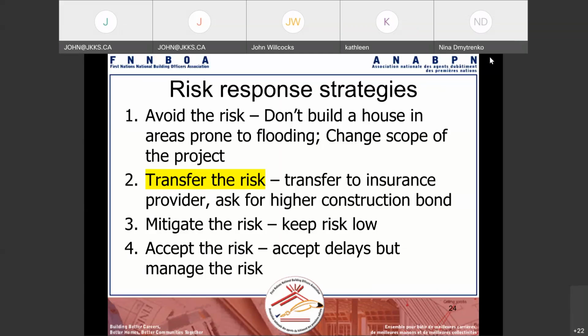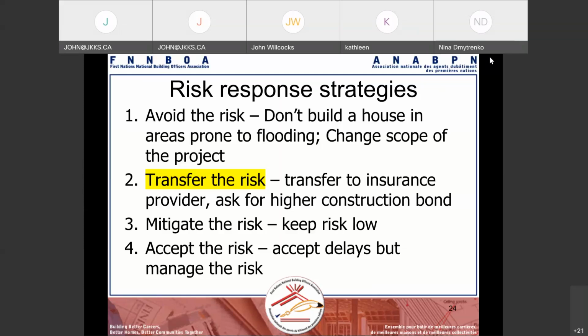If you're in an area, again, a lot of the communities, an area that's being flooded, well, what's your risk mitigation going to be? Well, don't build in that area. And if you do, how can we address the flooding before we put in the new homes, for example?